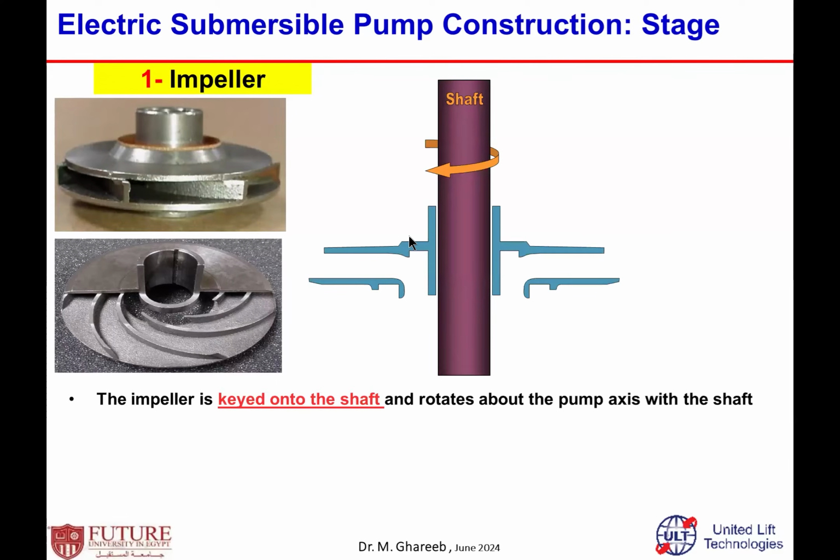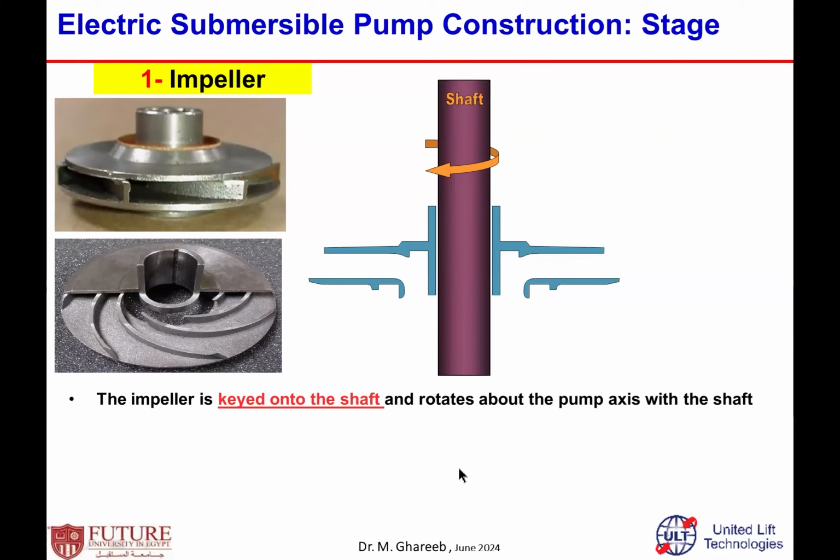The impeller is usually fixed on the shaft. There is a shaft in the middle of the pump, and the impeller is keyed onto the shaft. When the shaft rotates, the impeller rotates with it about the axis of the shaft.